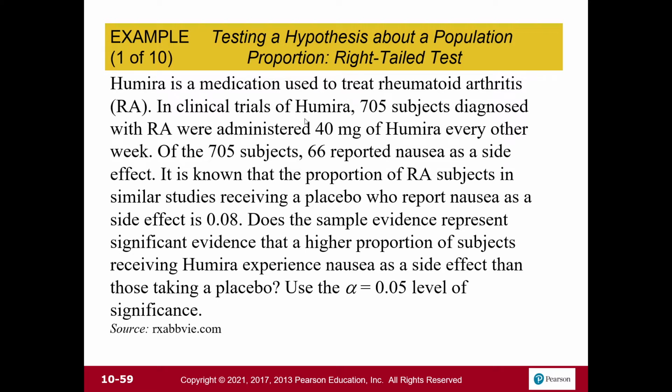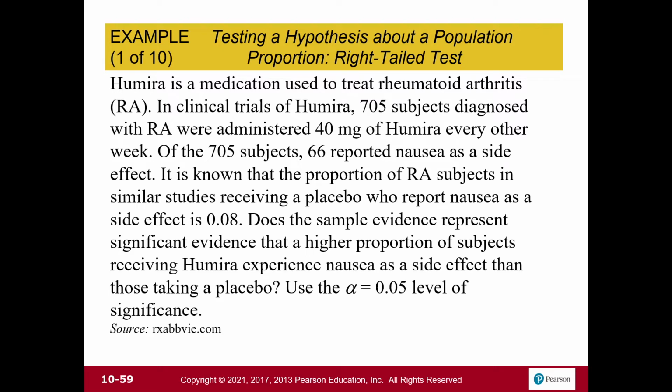In clinical trials of Humira, 705 subjects diagnosed with RA were administered 40 milligrams of Humira every other week. Of the 705 subjects, 66 reported nausea as a side effect. It is known that the proportion of RA subjects in similar studies receiving a placebo who report nausea as a side effect is 0.08.